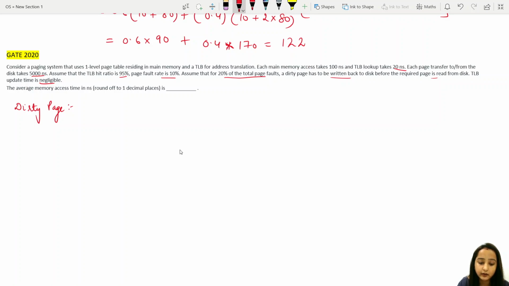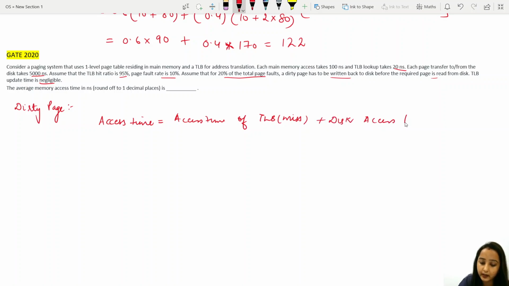And here, no page replacement. So see here we have to calculate the access time. Let me write the formula. Access time is the time of TLB miss plus disk access time plus memory access time.